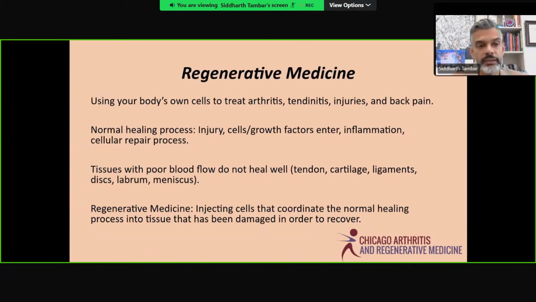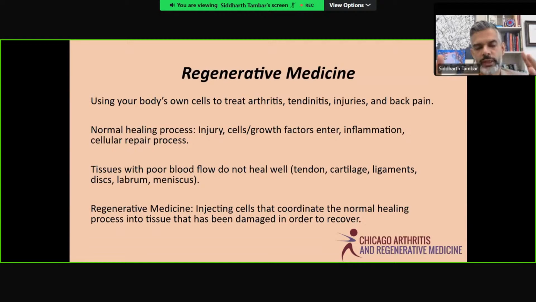So in regenerative medicine, we're essentially using your body's own cells to treat your arthritis, tendinitis, injuries, and back pain. In the normal healing process after an injury, take, for example, a cut on your finger, platelets come in and stop the bleeding. They then release growth factors, which start an inflammatory process, stimulating your own local mesenchymal stem cells, which then bring in other cells and growth factors, which starts a normal cellular healing process.